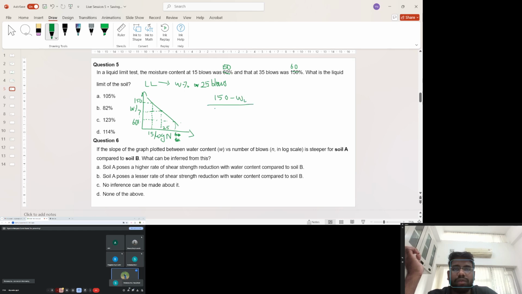Liquid limit by 15 blows, log of 25 by 15 equal to liquid limit, or you can enter both entire values also. So 150 minus 60 by log of 35 by 15.